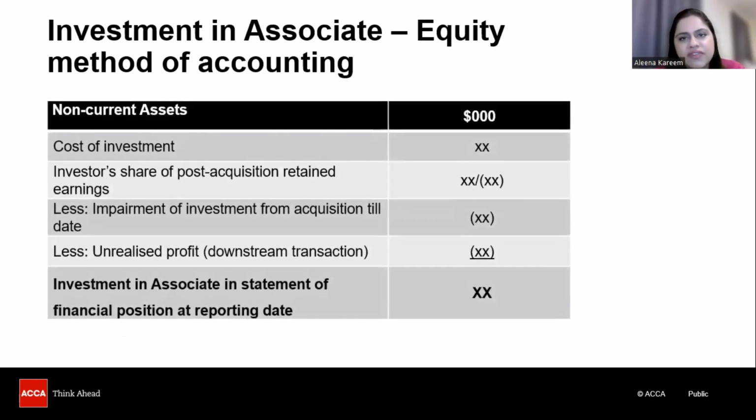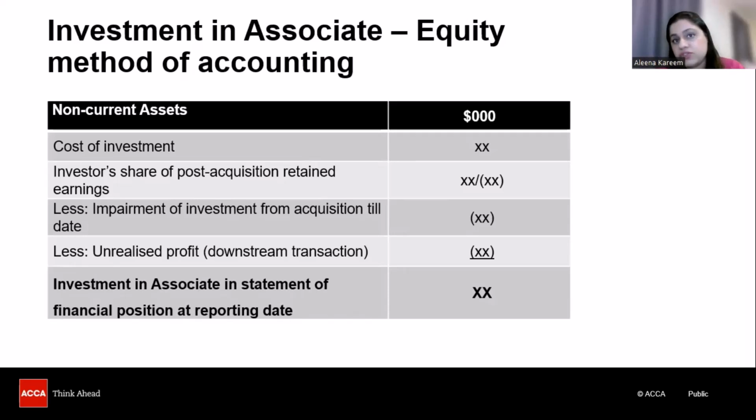So cost of investment, we start off with that. Then we have the investor's share of post-acquisition retained earnings. We'll discuss this, that retained earnings, as you know, is profit minus dividends. That figure we take up, and on that we apply the percentage of our holding. So that's going to be the investor's share of post-acquisition retained earnings.